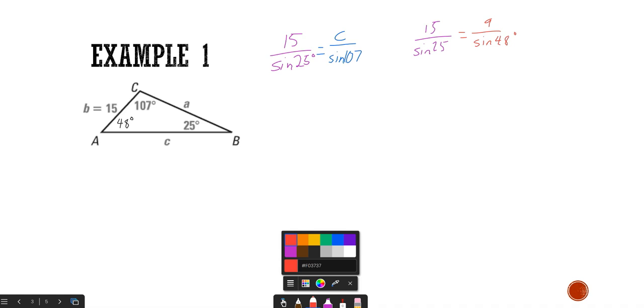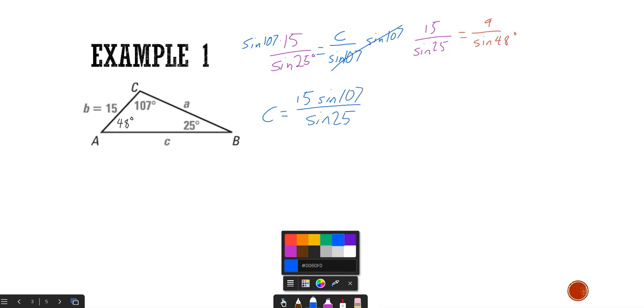So now I want to get these by themselves. In order to do that, we're going to multiply both sides in the first instance for C by sine of 107. So that's going to cancel out, and we're left with C equal to 15 sine of 107 divided by sine of 25.